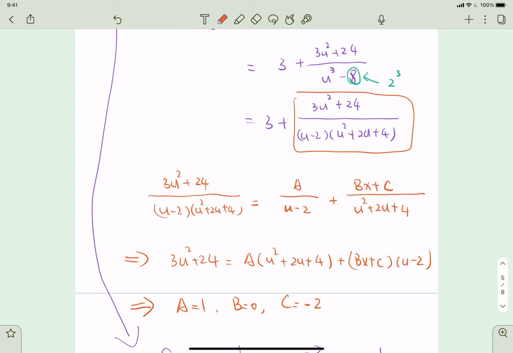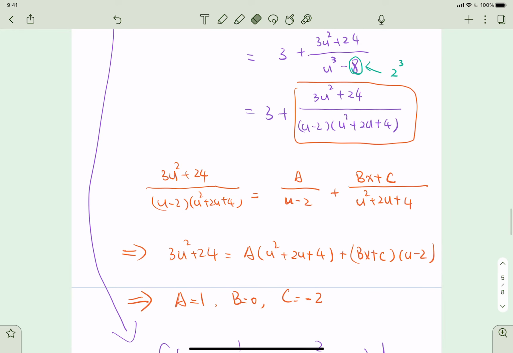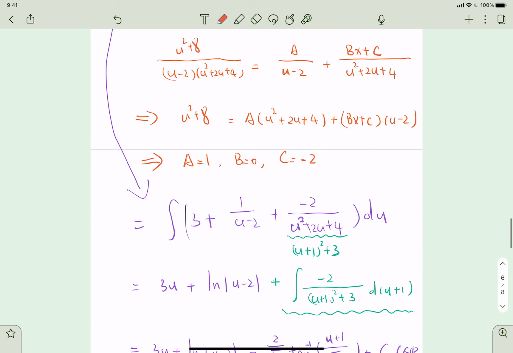Or you can think of like, there's a 3 here. So what I'm factoring out is actually the u squared plus 8, not the 3u squared plus 24. It's this one, okay. So there's a 3 here, right?